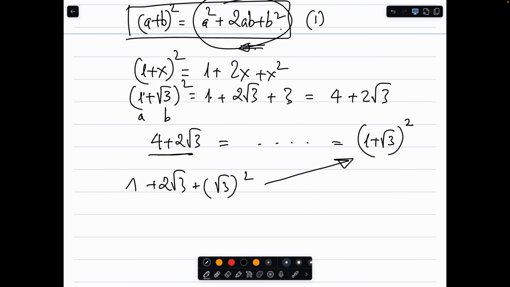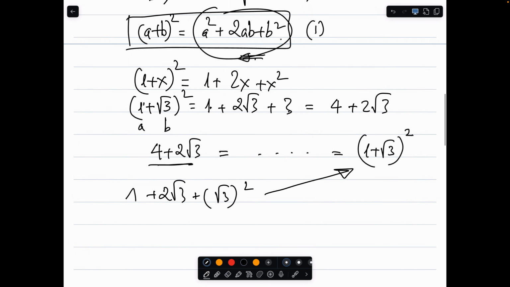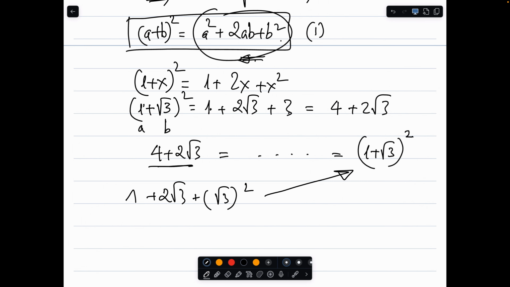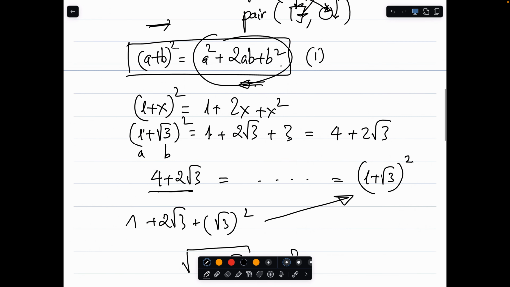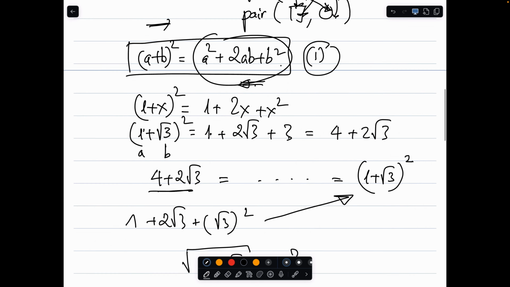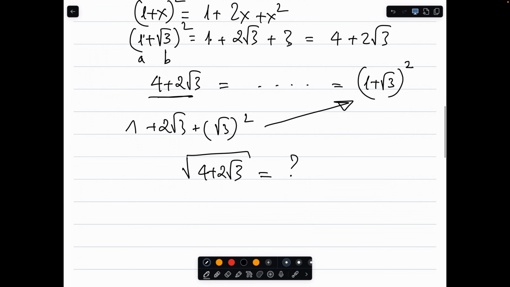It's harder, but that's because if you don't get used to going from the right to the left, then the teacher can give you this problem: evaluate this without using a calculator, or simplify this radical expression, and then you're stuck, even though you think that you know it very well, but actually you don't.